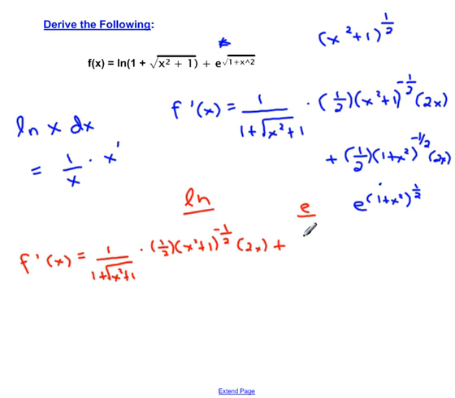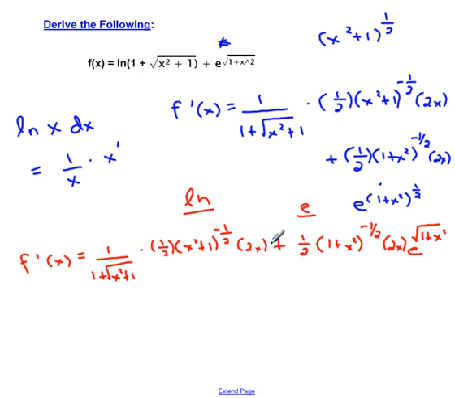Well, bring down the 1/2, multiplied by the expression that was already there, 1 plus x squared to the minus 1/2, because you have to subtract by 1, times the derivative of the inside, guys, do not forget, 2x, and then multiplied by the e part. E of the original expression, which was right here, 1 plus x squared. And instead of the 1/2, I'll just put square root. Easier to see. Okay, guys.